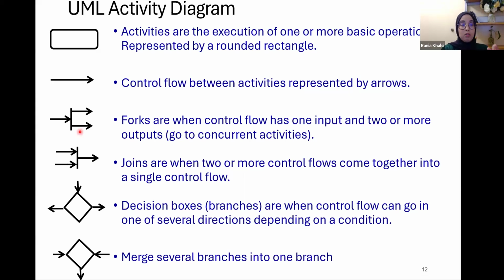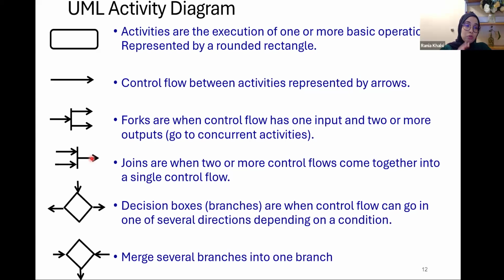Now, the opposite of fork is join. It means here we have multiple inputs, a minimum of 2, and when they are done, next we will join these control flows together into a single control flow.